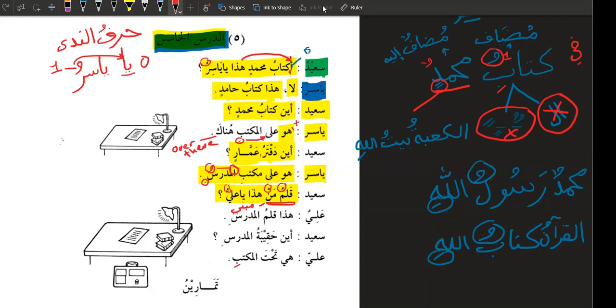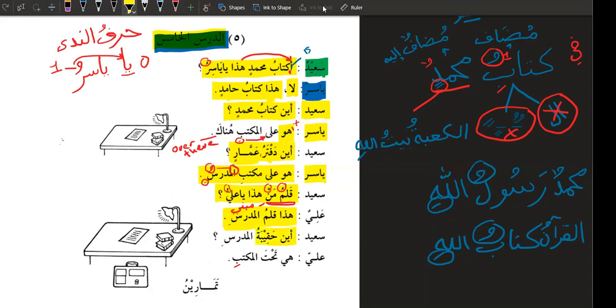So we say قلم من هذا. So whose pen is this? يا علي. And then Ali says هذا قلم المدرس. This is the teacher's pen. So قلم is مضاف. المدرس is مضاف إليه. Owned and owner.